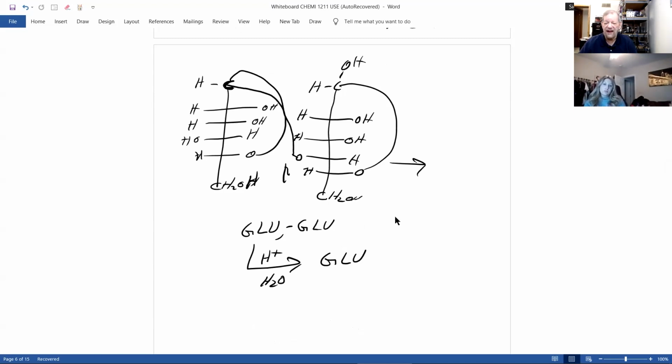So what I'd get back here are two, when I break that, cyclic form or the acyclic form, either way.